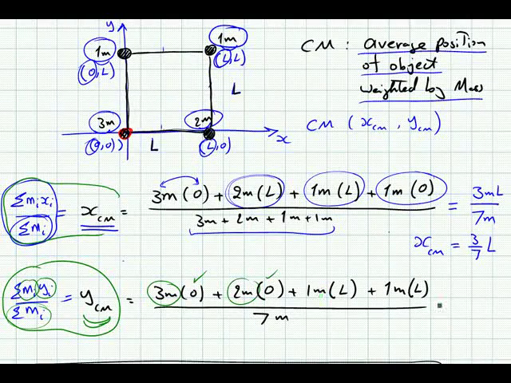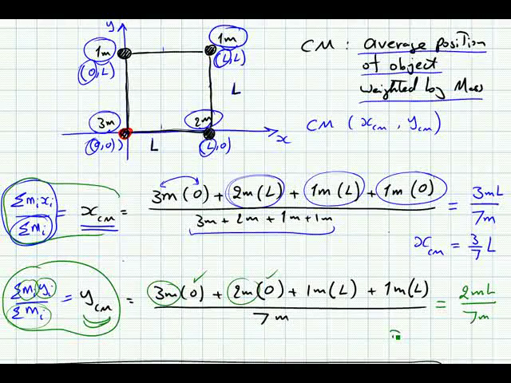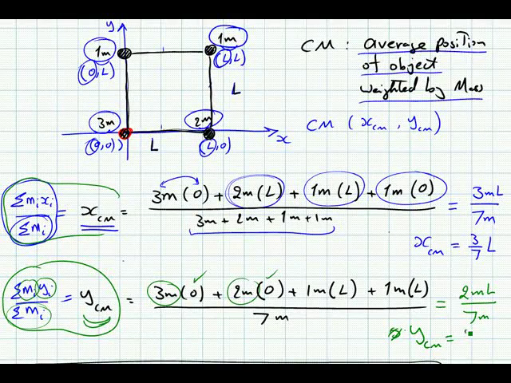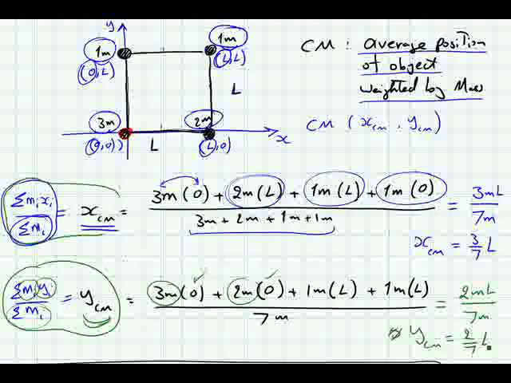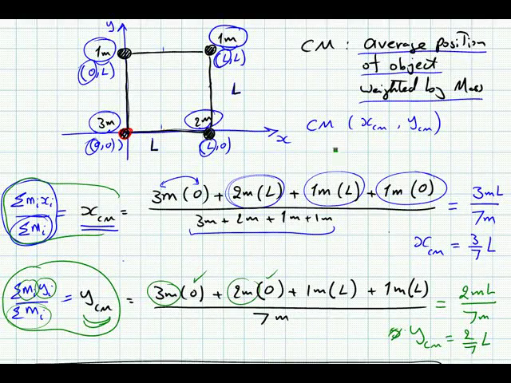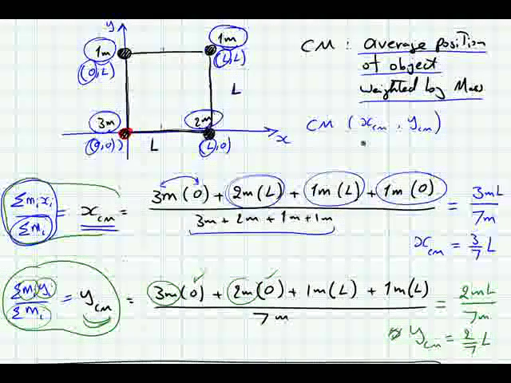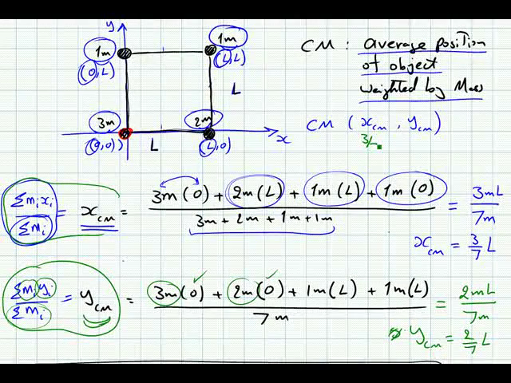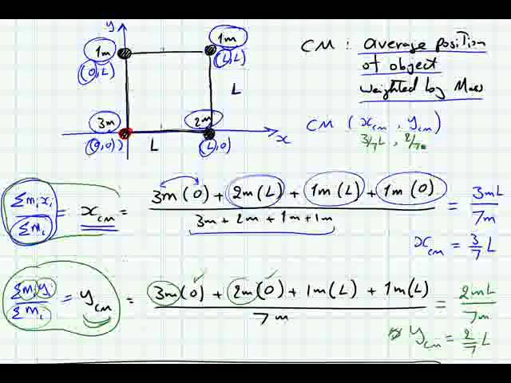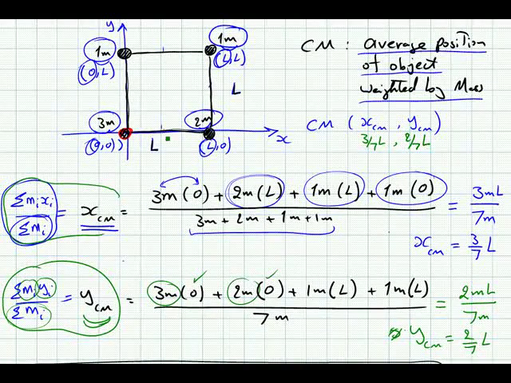And if you do the math, you have 2mL divided by 7m. Therefore the y-coordinate of the center of mass is equal to 2 over 7 L. So our center of mass has coordinates of 3 over 7 L and 2 over 7 L, which puts the center of mass roughly here, I guess.